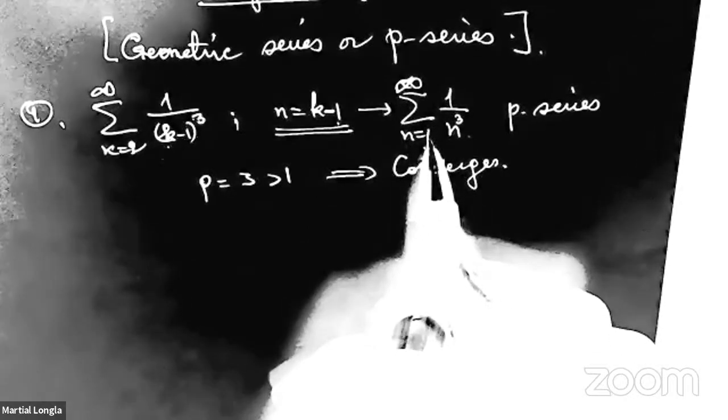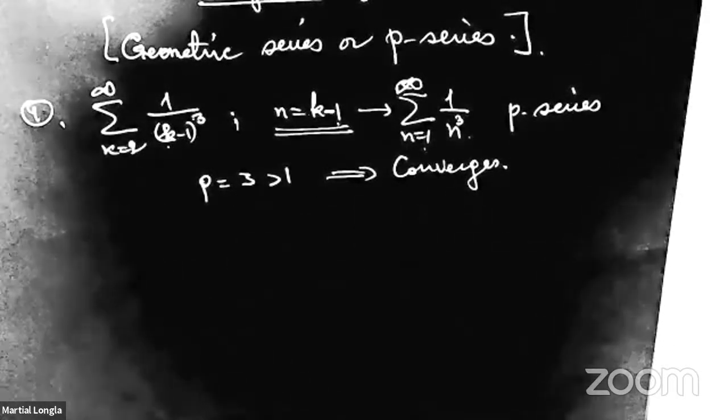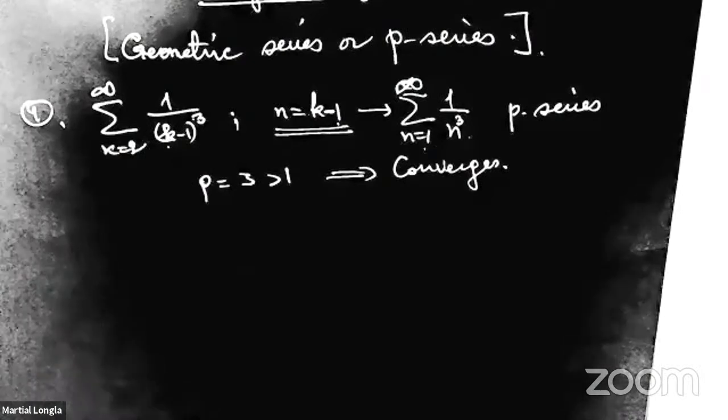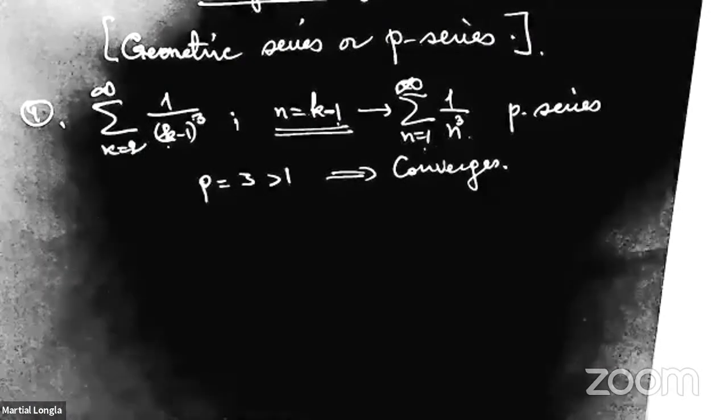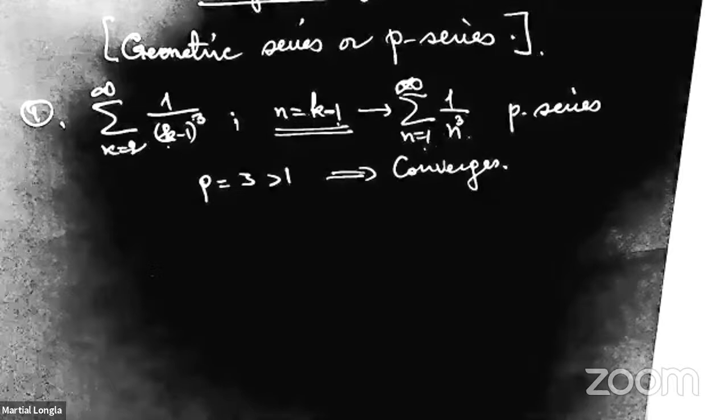That's why you get this. All right? So if that k was a 5, would the n be 4 on the p-series? Yeah. Okay. Yeah. Thank you. And so that's the first example, and that's how it will work out. Any other question on this one?